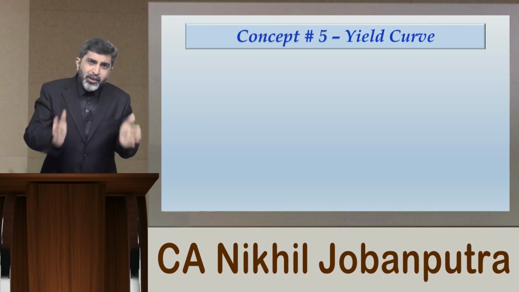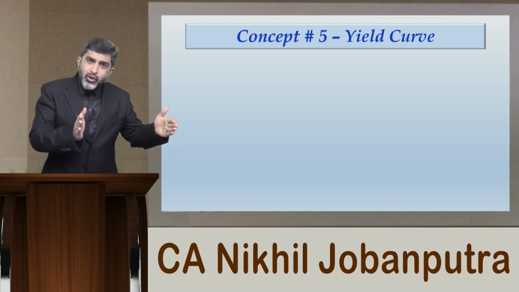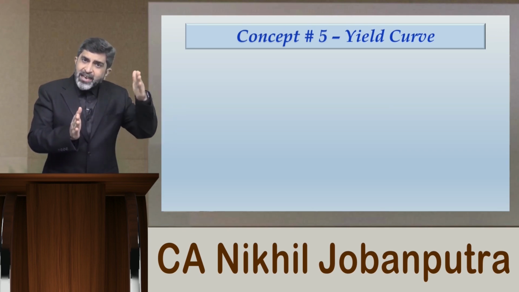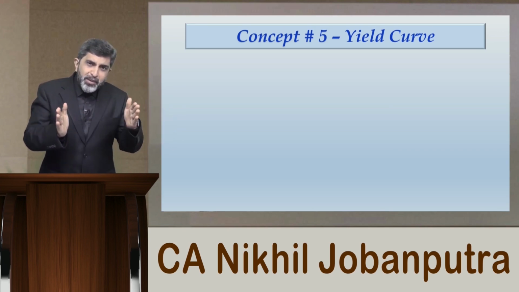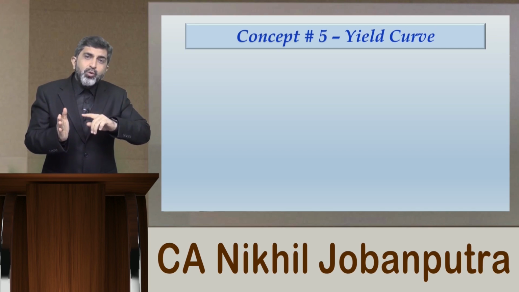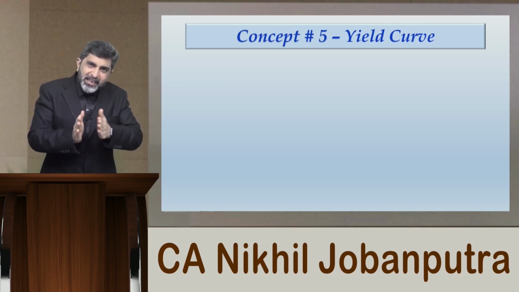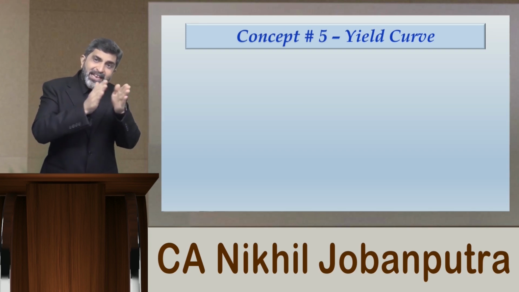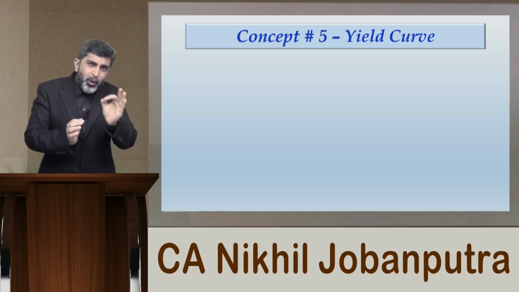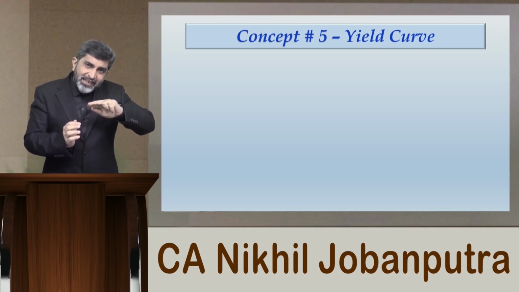So if you plot it graphically, with the increase of the remaining maturity for a bond, the yield rate goes on increasing, but it will not be a static increase. It will not give you a straight line. It will give you the increase in a declining trend. That means the increase will happen but at a declining rate. So if you plot it graphically, you will not get a straight line sloping upward, you will get a curve.